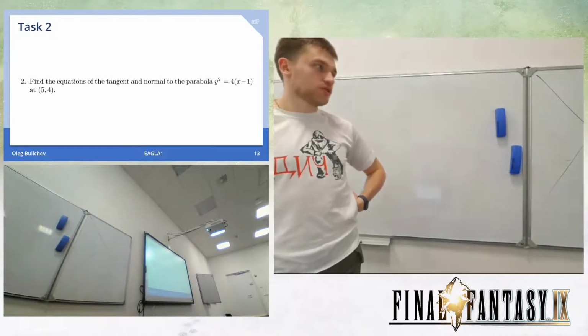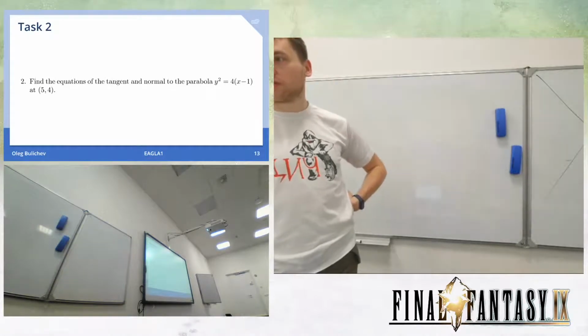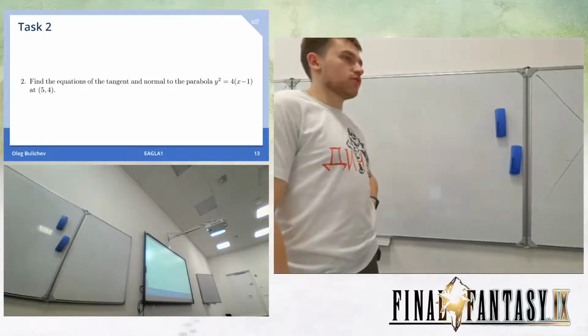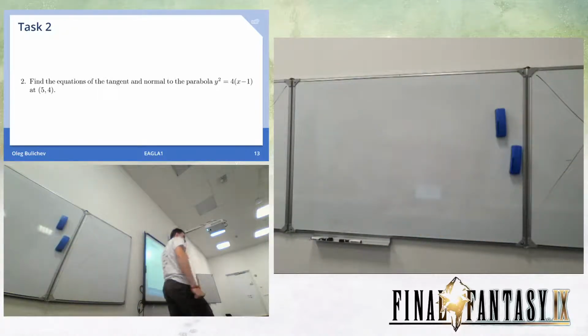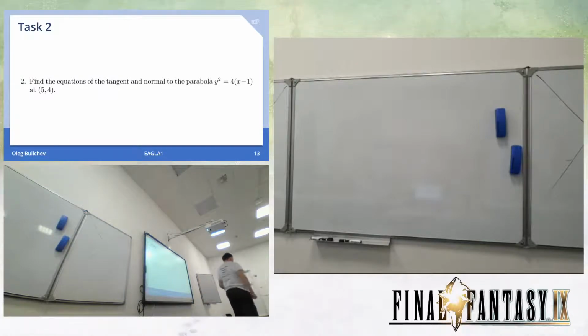Actually, the derivative is easier, but okay. How to find normal? Just a perpendicular vector to this line: take the equation of the tangent line and extract the normal.